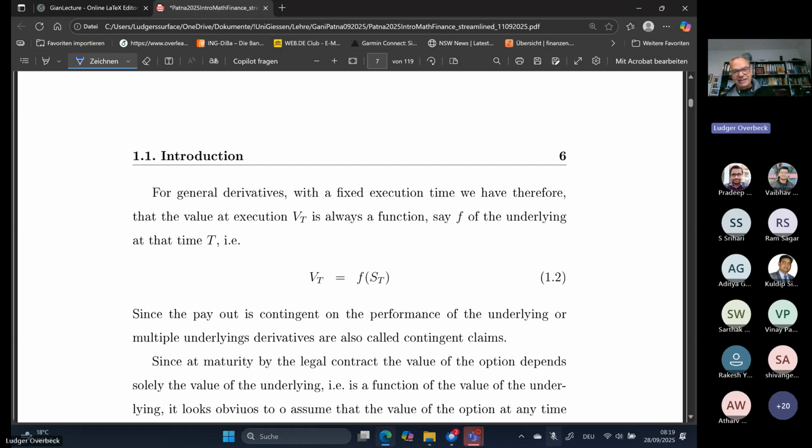So this legal contract might actually be very complex, and there are many mathematicians working in this area. They worked especially in the credit crisis, where the option payout was a very complex function of the underlying asset, to work out this function f from the contract.